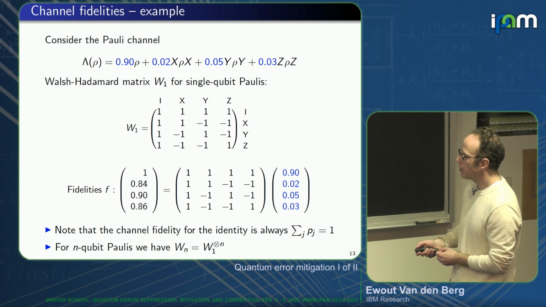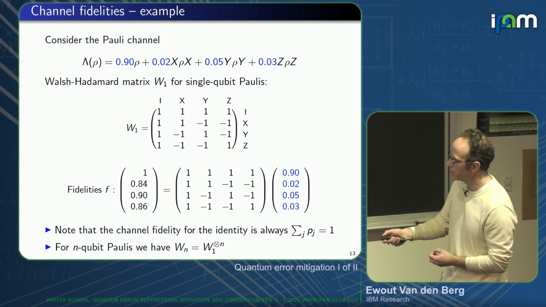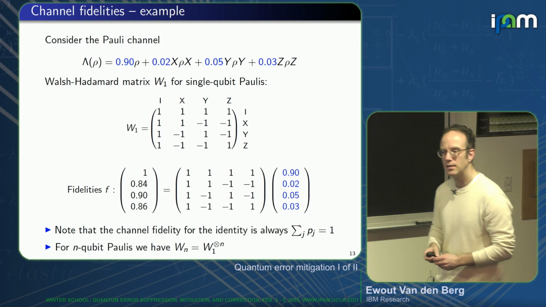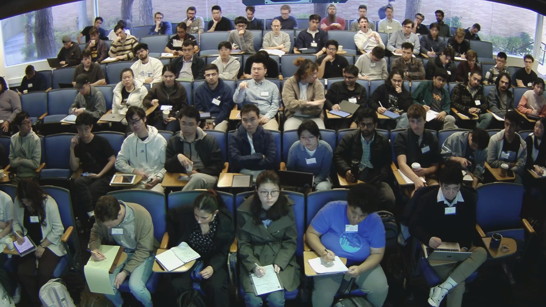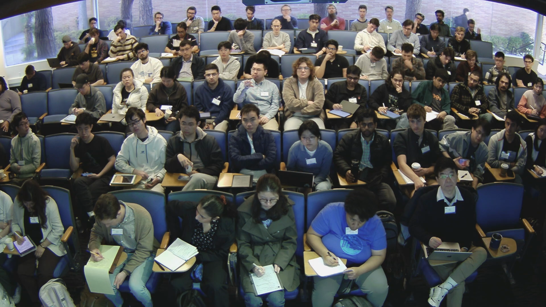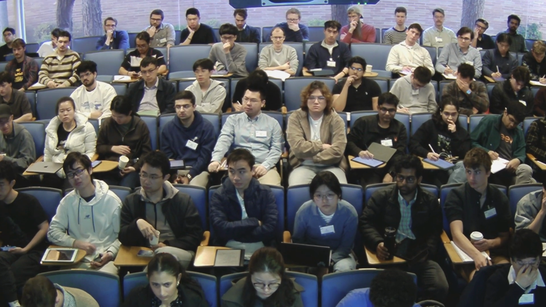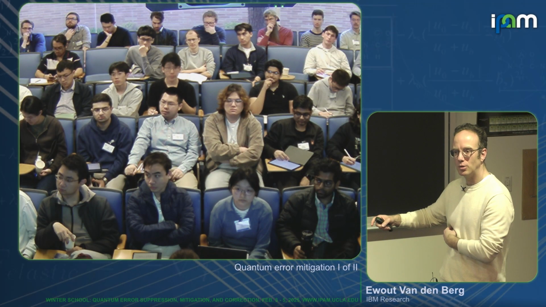So for n-qubit Paulis, the Walsh-Hadamard is just the Kronecker product of this to the power n. So if it's more than 1 qubit, are you assuming some kind of order for this to be the Hadamard transform? Yeah, if you change the order I, X, Y, Z, then it would be different.